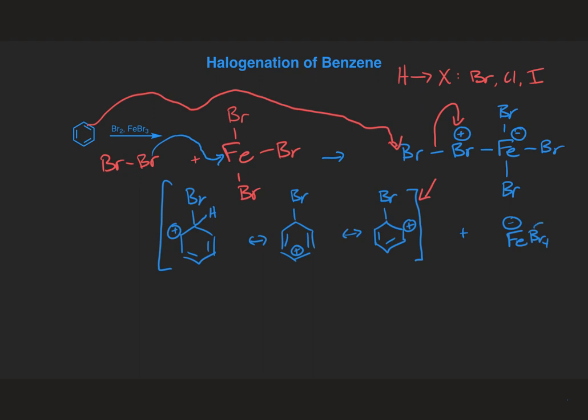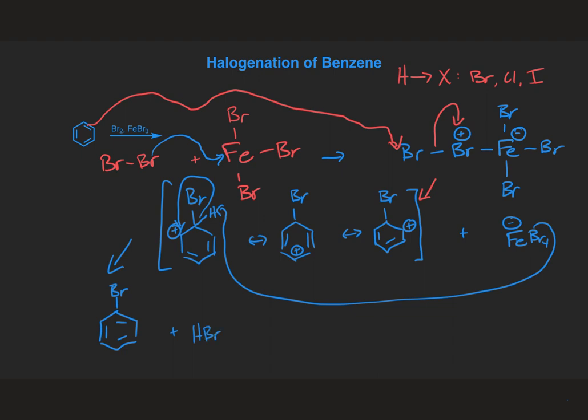And so one of these Brs is going to come in and pluck that off and put those electrons there to regenerate aromaticity and form HBr and regenerate iron tribromide.